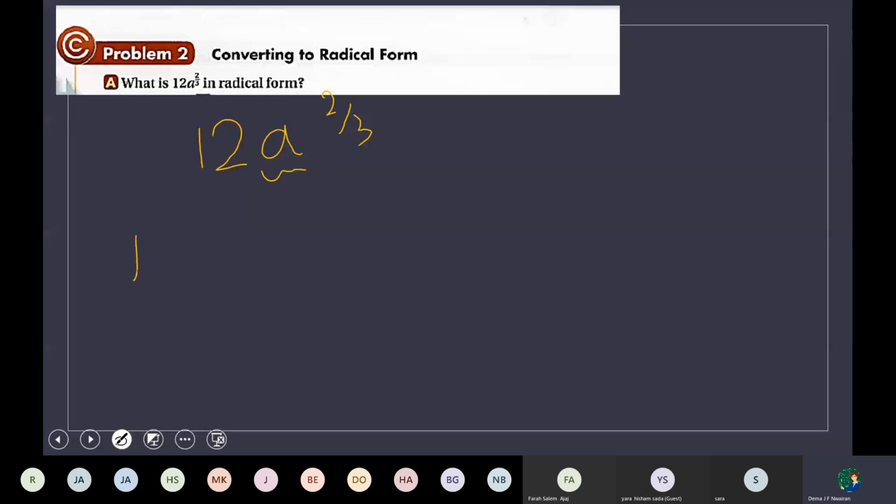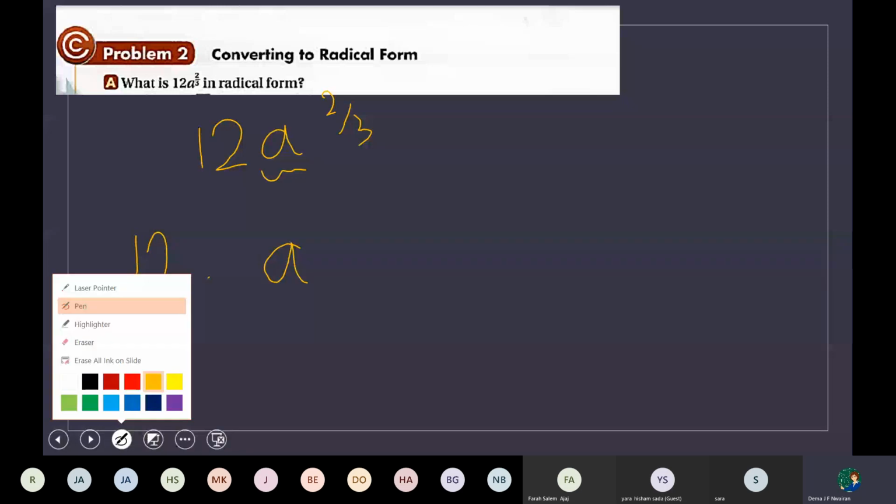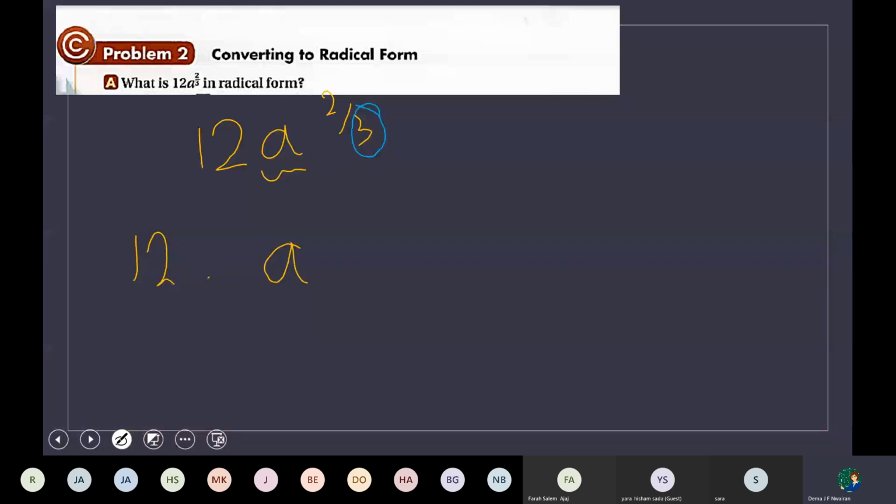Now, what is the number that's written down? It's a 3. So I will put it outside. And what is the number that is written in the numerator? I will write it now inside. So by this way, I convert now the exponential expression into the radical expression.